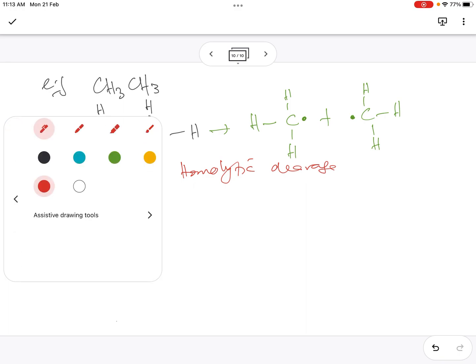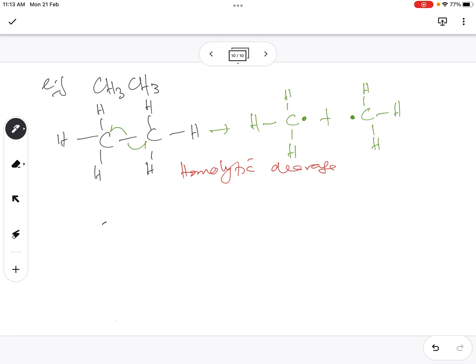Let's say we want to show another one, between carbon and hydrogen. One electron goes here, and one goes to this carbon, so we will get this, and also this.